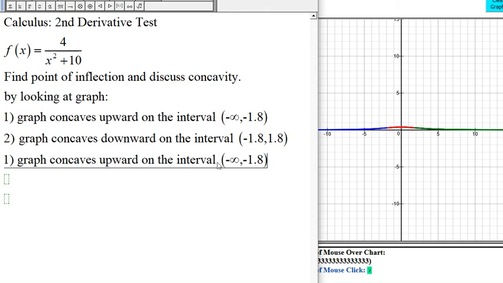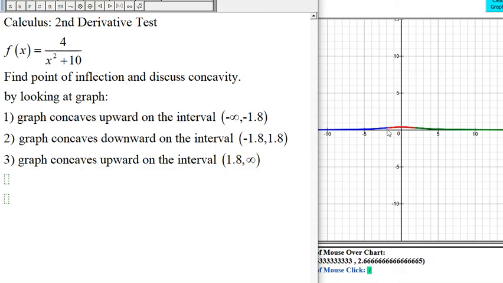And then the graph also concaves upward on the interval from 1.8 all the way to the right side, so it's positive infinity. So that's from the graph.